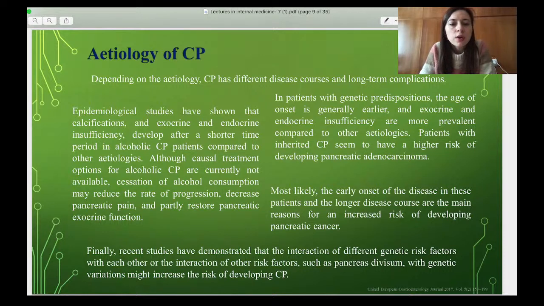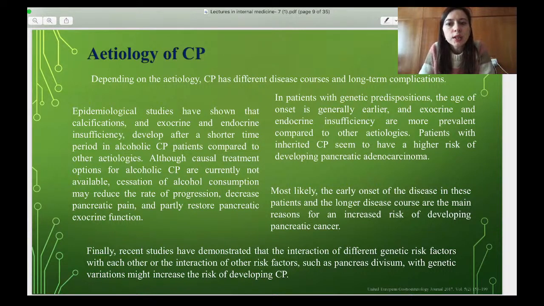Although causal treatment options for alcoholic pancreatitis are currently not available, cessation of alcohol consumption may reduce the rate of progression, decrease pancreatic pain, and partly restore pancreatic endocrine function.